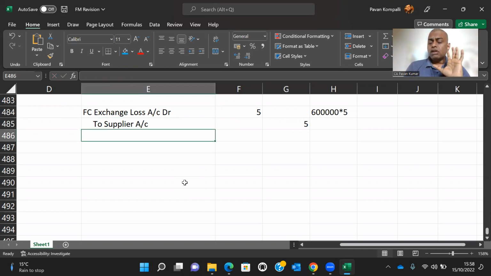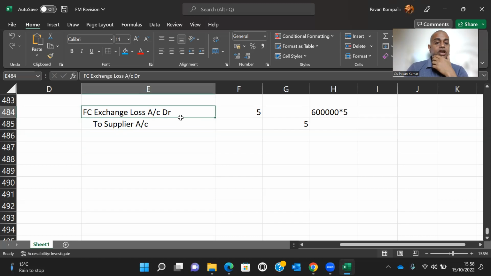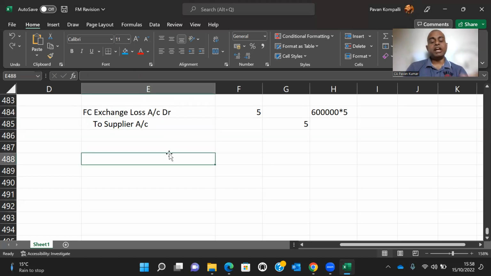So immediately you need to pass another journal entry also. Implied, you need to pass another journal entry. P&L account debit to loss account. This loss, 5 rupees, should be transferred to P&L, isn't it? That should be recognized in P&L.